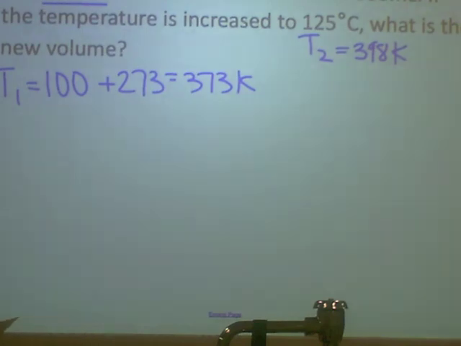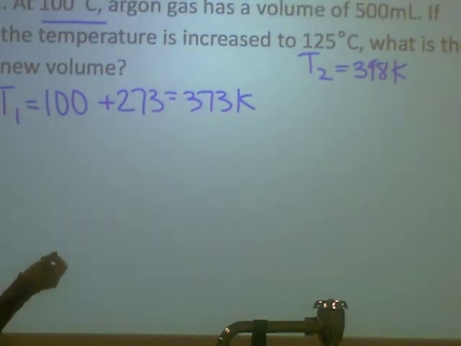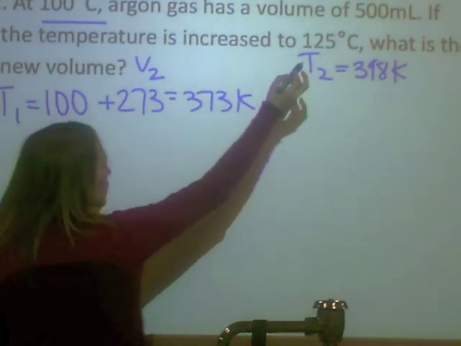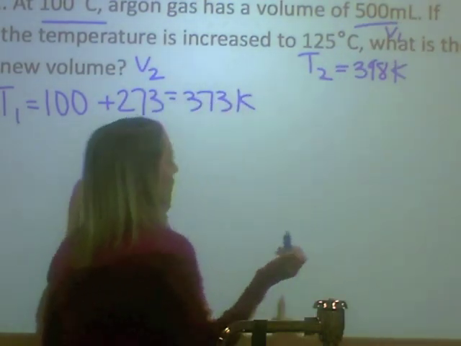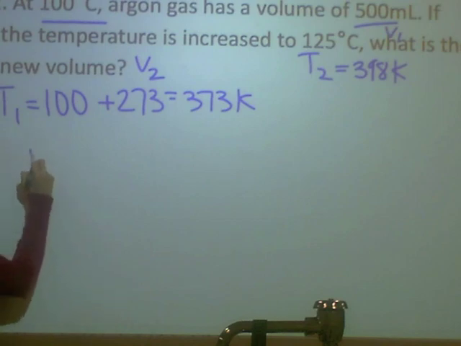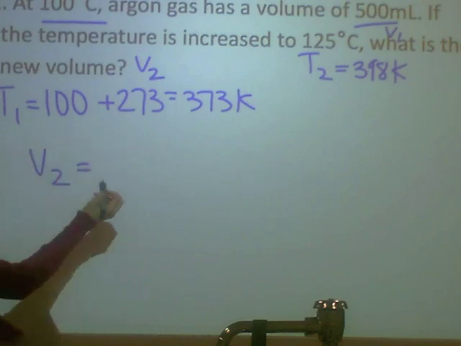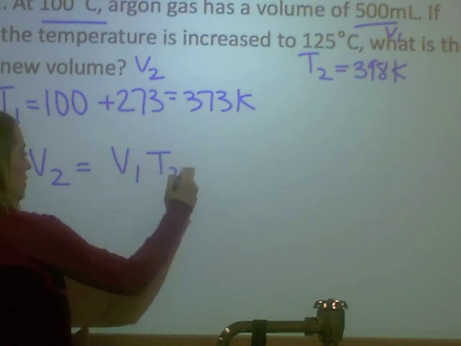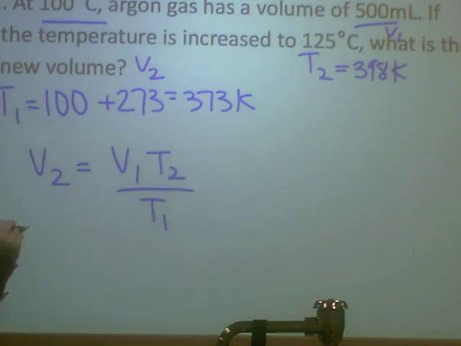So I'm going to take my equation, and what am I solving for? I'm solving for V2. This was my V1. So I'm going to rearrange my equation to solve for V2: V2 equals V1 times T2, divided by T1.